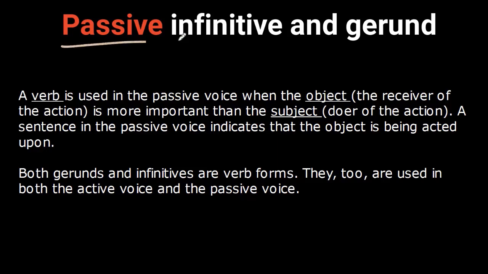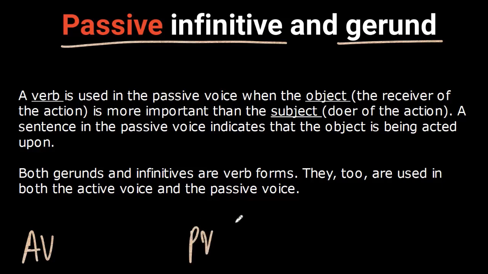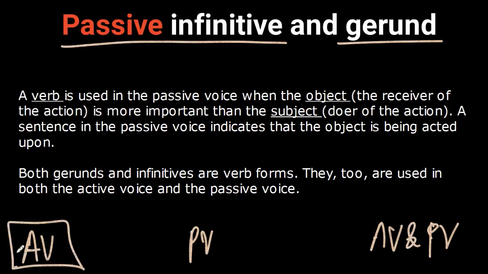Now let's understand what exactly passive infinitives and passive gerunds are. Before we do that, there is something very important for us to understand. All verbs in the English language are either used in the active voice or the passive voice, or both. All verbs can be used in the active voice.